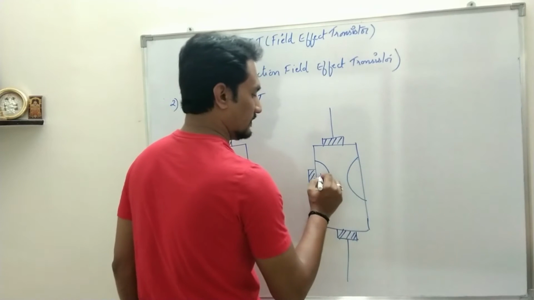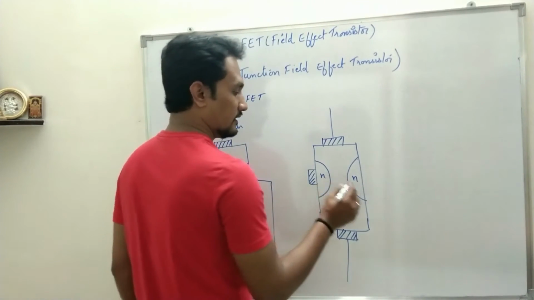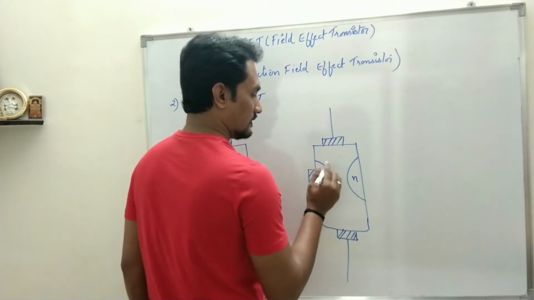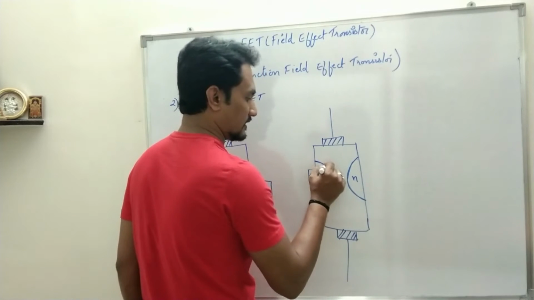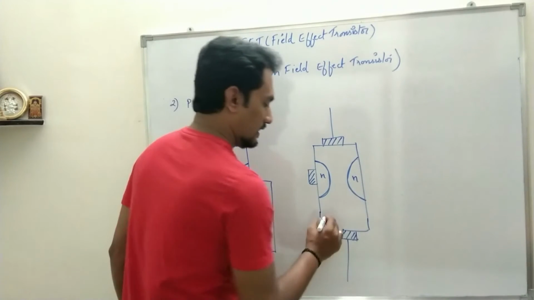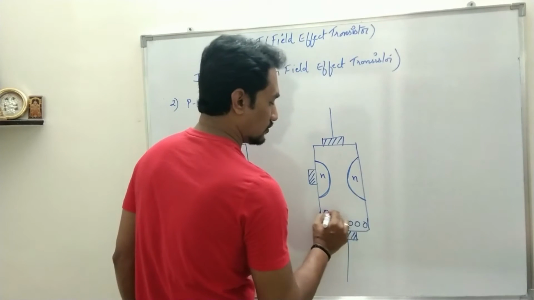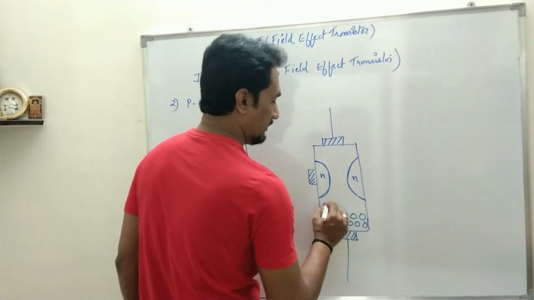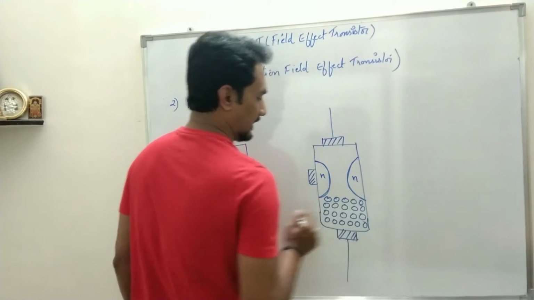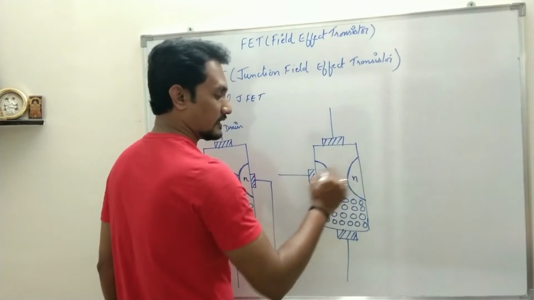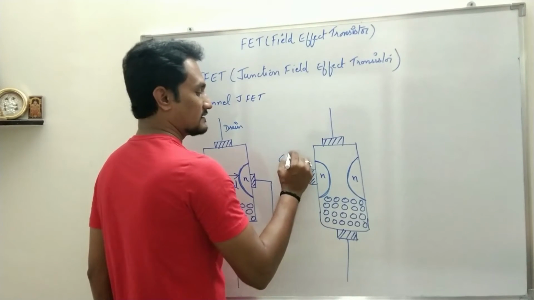On either side we dope pentavalent impurity to form a p-n junction, and of course a depletion layer will be there. As this is a p-type semiconductor, it will have a large amount of holes available to flow from source to drain. The common terminal taken out of these two p-n junctions is called gate.